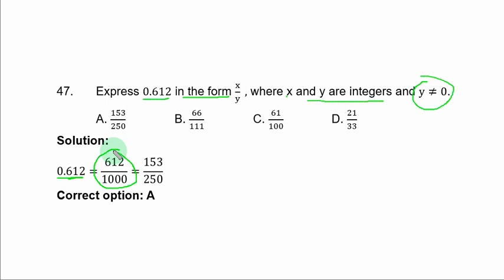If you reduce by dividing by 4, you have 153 over 250. So it's now in the form of s over y, and you have A as the correct option.